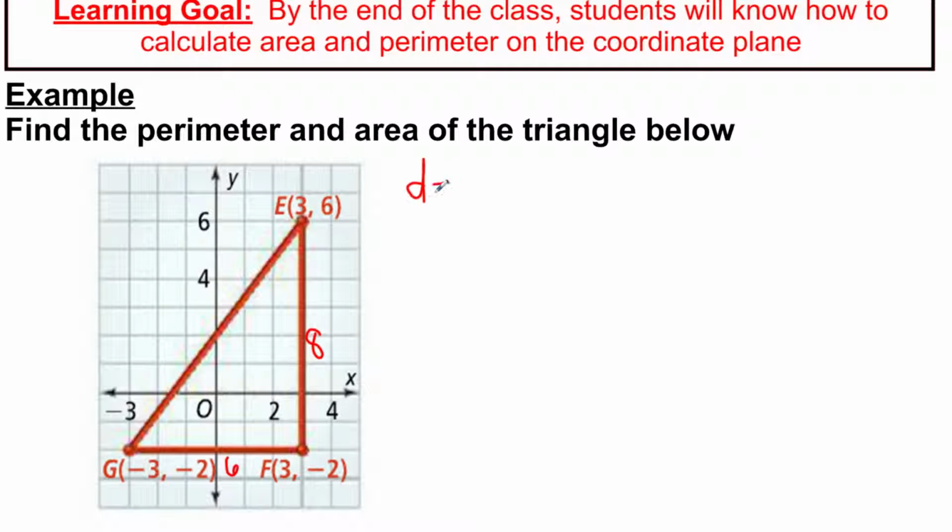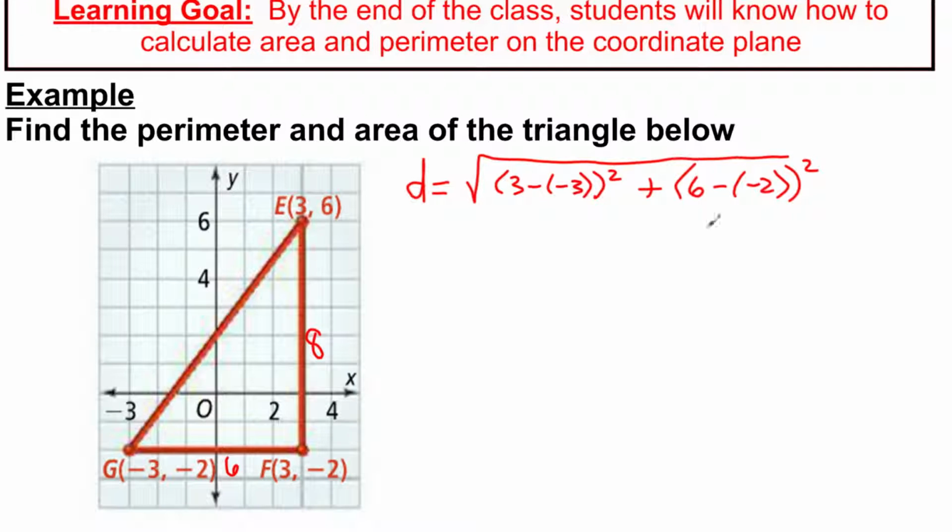So I'm going to use the distance formula and say the distance is equal to the square root of, subtract the x values, which is 3 and negative 3. So 3 minus negative 3 squared plus, now let's subtract the y's, 6 minus negative 2 squared.